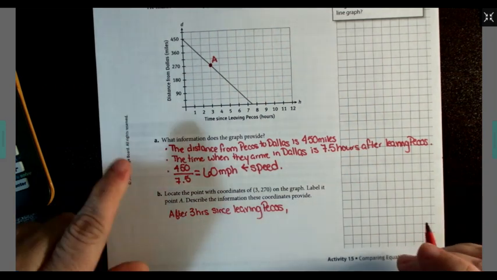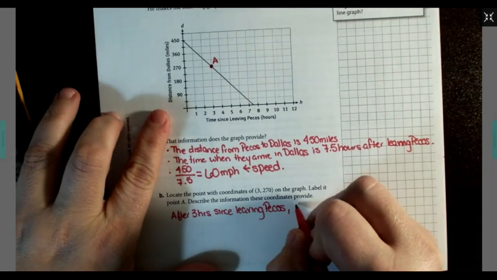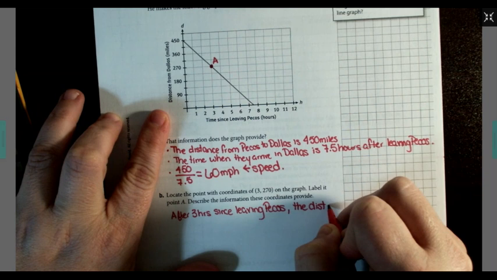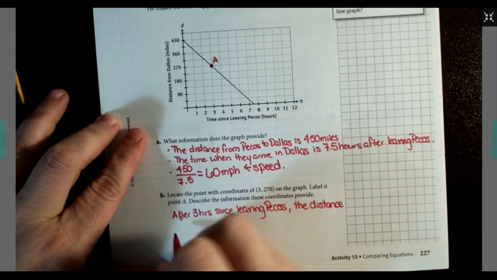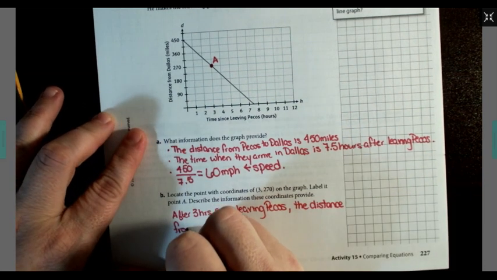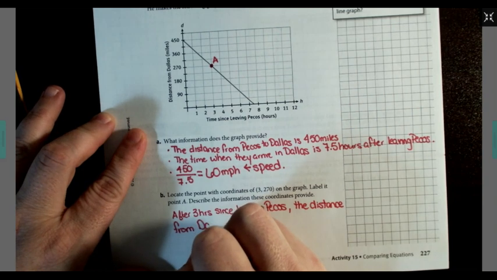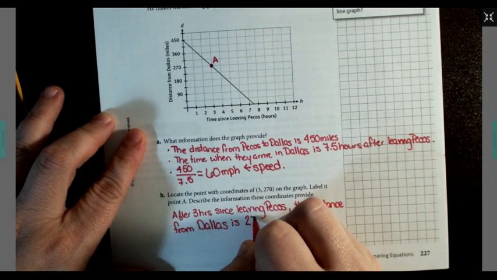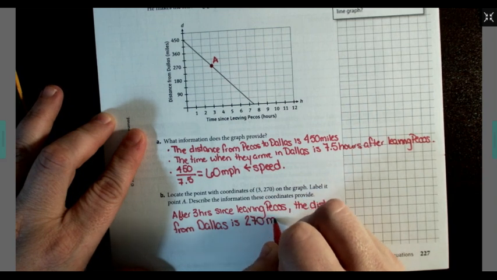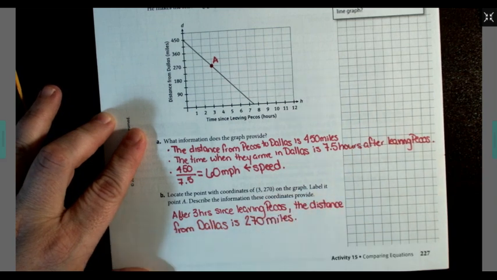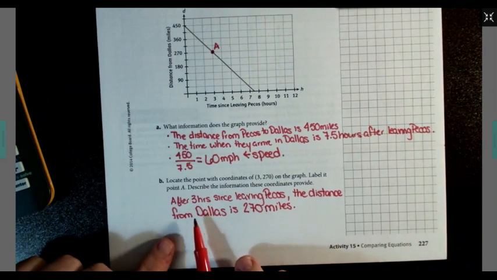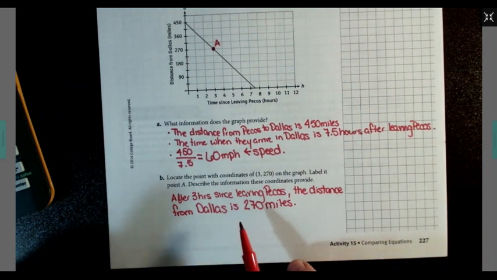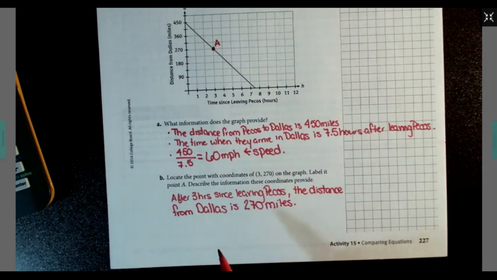Okay, what does that 270 tell me? The distance from Dallas is 270 miles. So basically, this tells me I've been on the road for 3 hours and we're still 270 miles from our final destination.